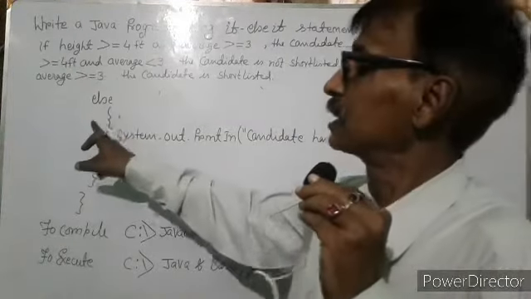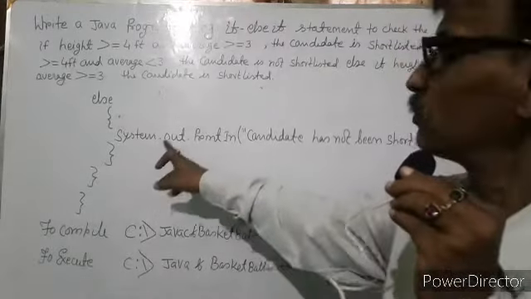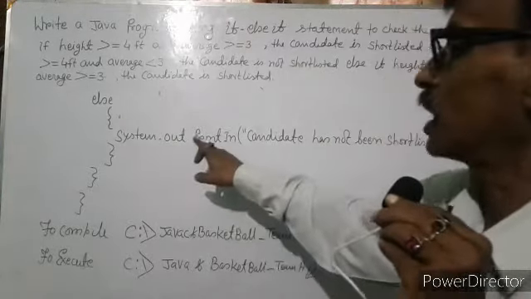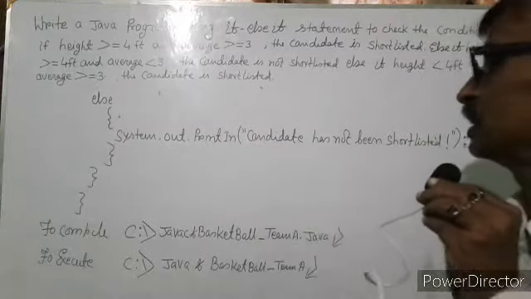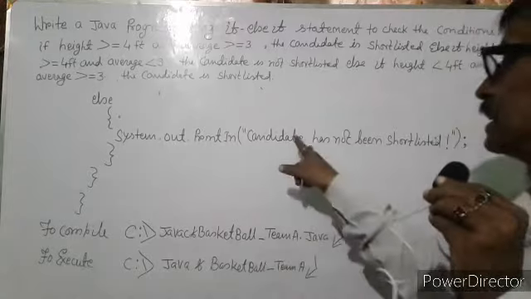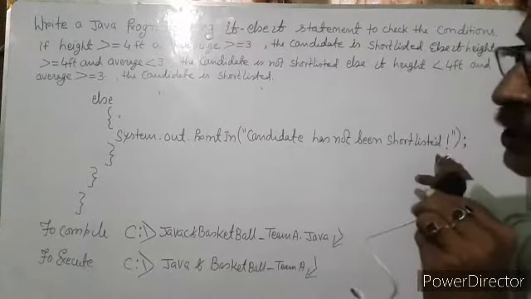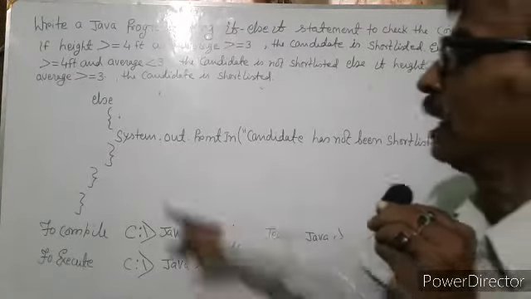Then else, braces again begin, System dot out dot println parenthesis begin, quotes begin, candidate has not been shortlisted, sign of exclamation, quotes close, parenthesis close, semicolon.